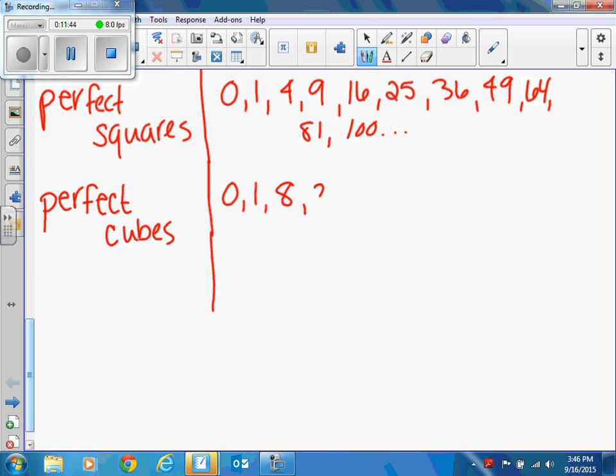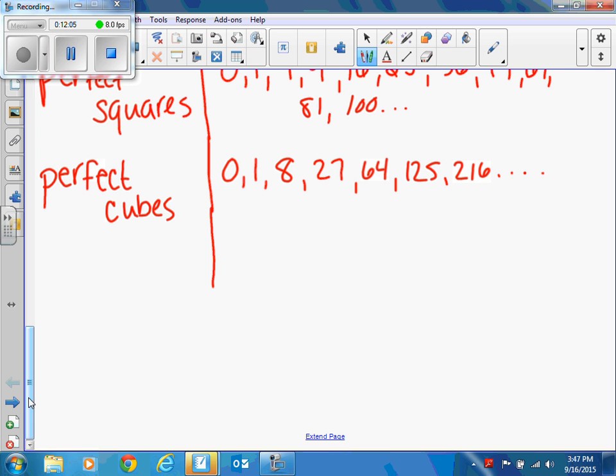And then we have 27, 64, 125, 216, and those continue to go on. So for the next class, you will not have to memorize those, but we will get to the point where we're going to know, especially those perfect squares, you need to be on the ball with those. Okay, so now let's look at an example.